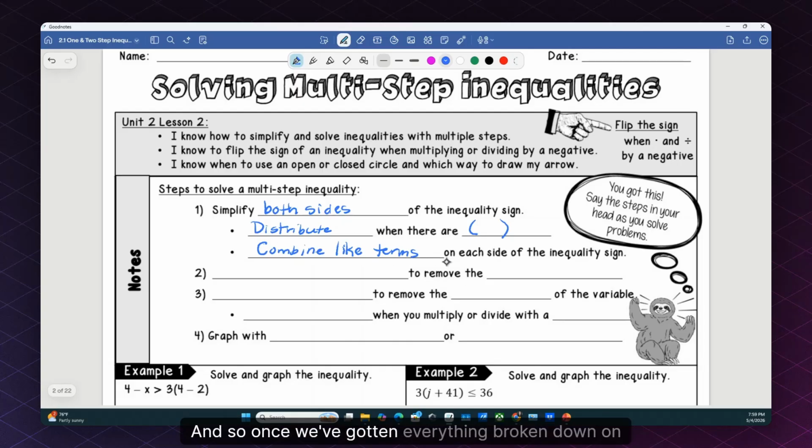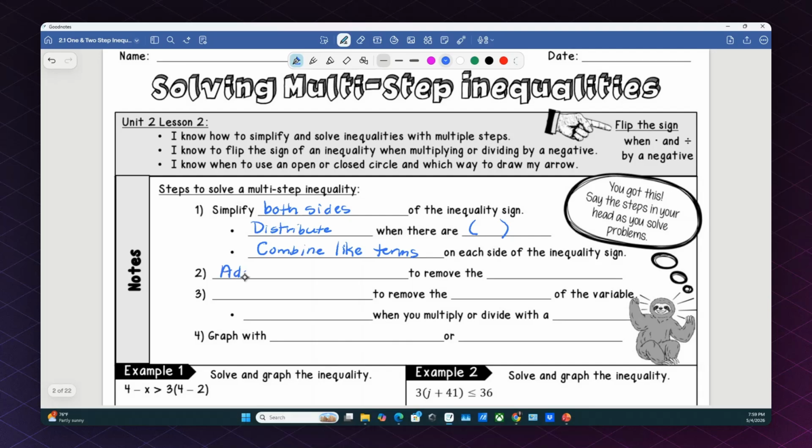And so once we've gotten everything broken down on both the left side and the right side of our inequality sign, we can move to the next part. So the next part is we're going to either add or subtract to remove the constant.